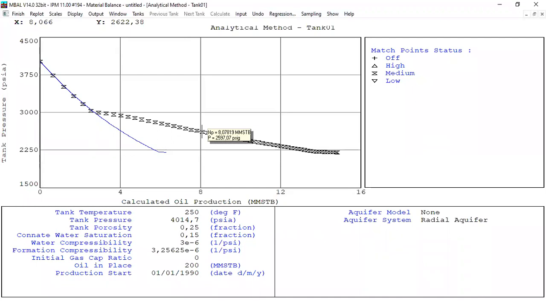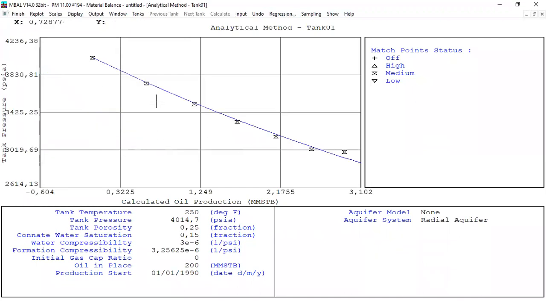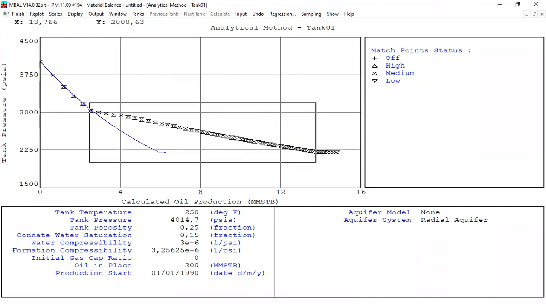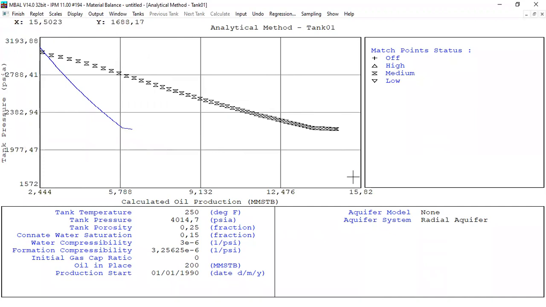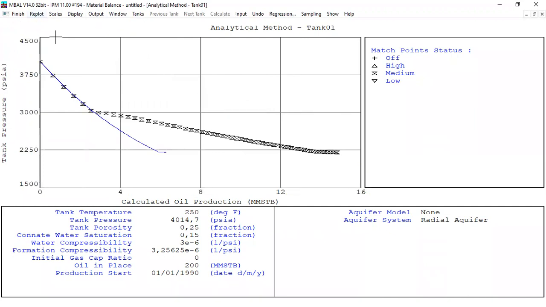It is only matched here, at this period of time, the quality of the matching is good, but here it totally doesn't match. Although I put an aquifer, I'm sure that it will not match either.